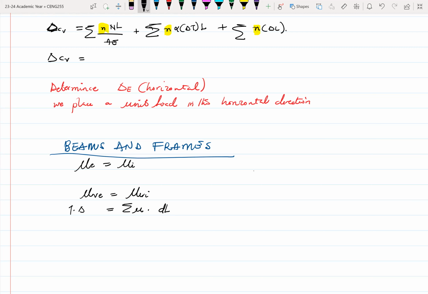All right. So we have this general equation, which is what we have been looking at. So now, how do we convert this general equation into one that is specific for beams and frames? We did something similar for trusses. We'll do the same for the frames as well, and then beams, right? Frames and beams are the same anyways.